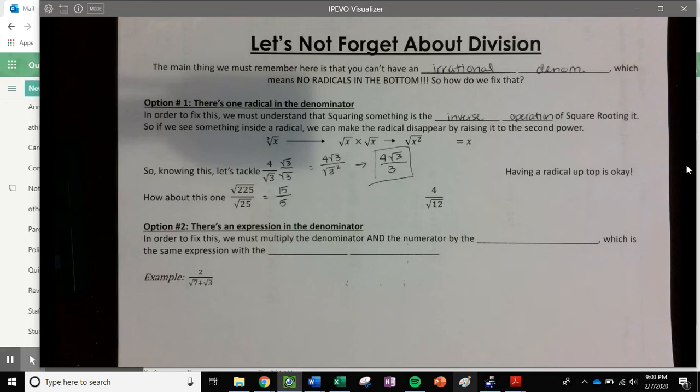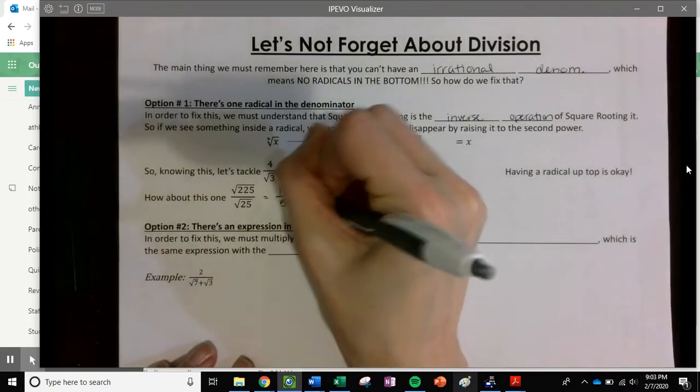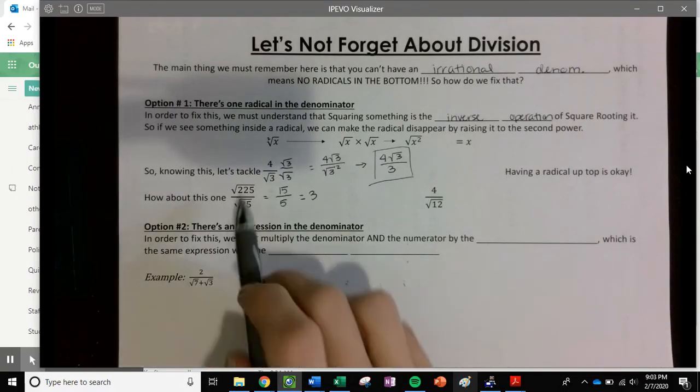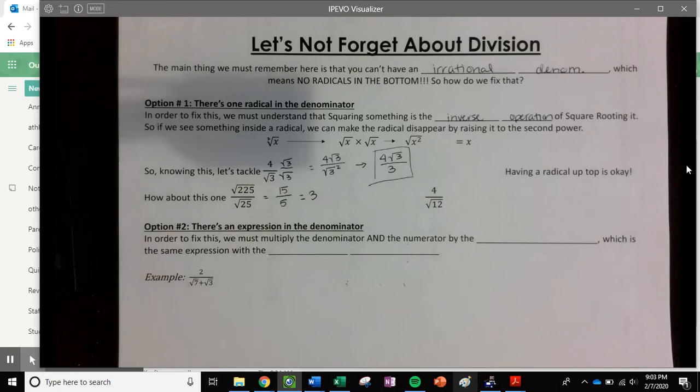What's 15 divided by 5? Well, it's 3. That was easy. If both of these things are radicals and both of them happen to be perfect squares, that's a silver platter problem. That's no problem. You just simplify those square roots and then do the actual division if you can.